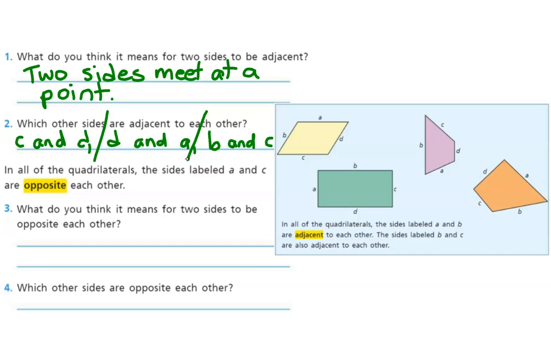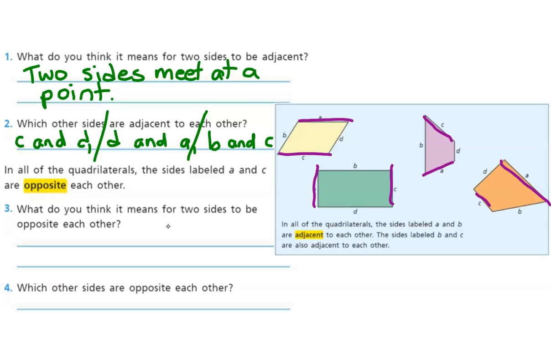So those are all the sides that are adjacent to each other. All right, now we've got another word to talk about, which is opposite, which I'm pretty sure you guys probably already know what that one means, but let's still talk about it. In all of the quadrilaterals, the sides labeled A and C are opposite each other. So we've got A and C, A and C, A and C, and then A and C, right? It says, what do you think it means for two sides to be opposite each other?